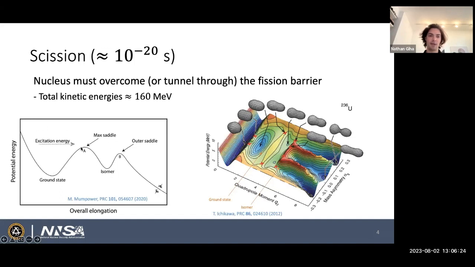And you might have seen this potential energy curve yesterday where the nucleus has to somehow get out of this potential energy well of its ground state to end up going to this super deformed shape. And in the process, there's a lot of kinetic energy released, around 160 MeV. Of course, that varies a lot.